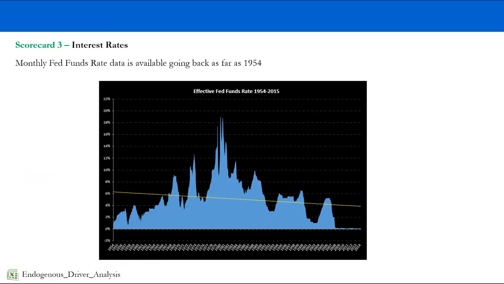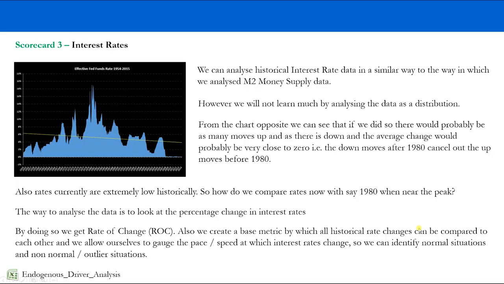However, before we actually go over to the endogenous driver analysis spreadsheet again, we've got to first understand how we're actually going to analyze this data. And it's pretty straightforward. We can analyze the historical interest rate data in a very similar way to the way in which we analyze the M2 money supply data.